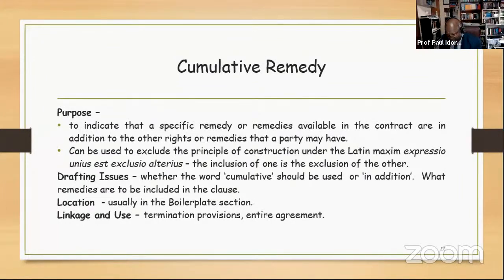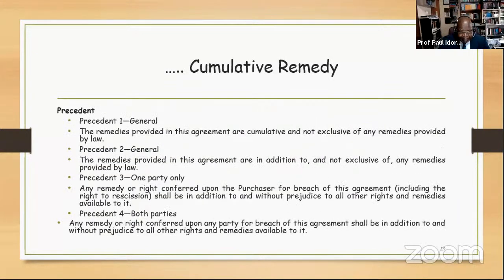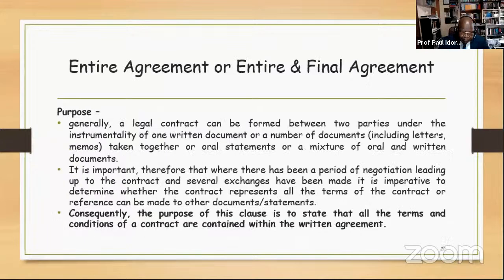Now, the drafting issue always is whether you say it's cumulative or in addition. And it's usually found in the boilerplate section, and it's linked to termination provisions and entire agreement. Again, here, I give the precedent of the type of contracts we are talking about.